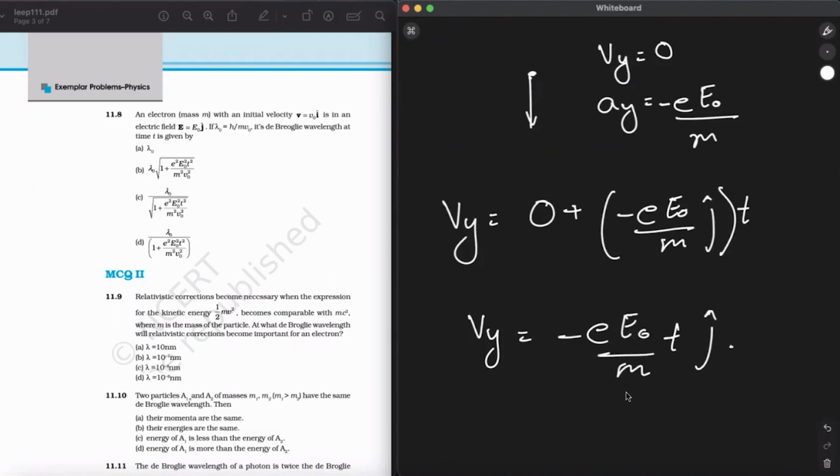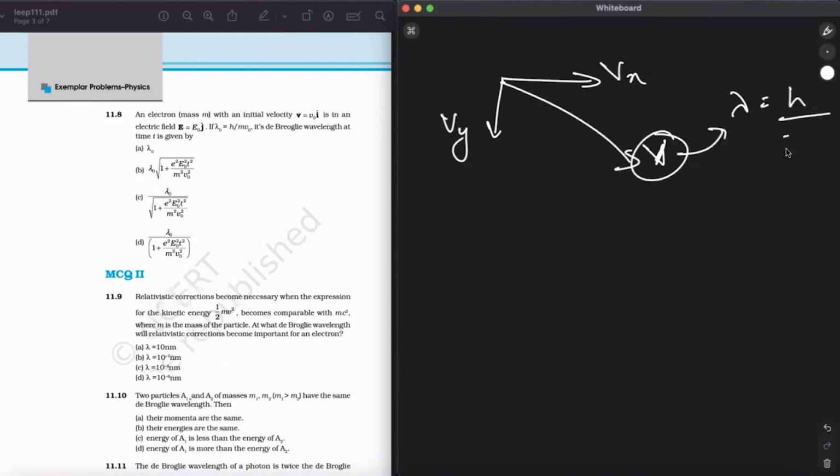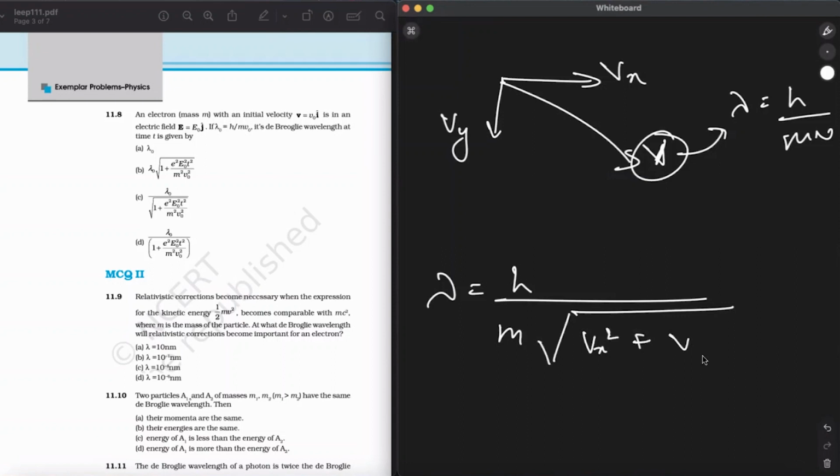Now you have to find the magnitude of velocity, because there is a velocity along x and a velocity along y. So these are two components of a velocity which must be going like this. This is the velocity you use over here. So you write lambda equal to h upon m under root of vx square plus vy square.